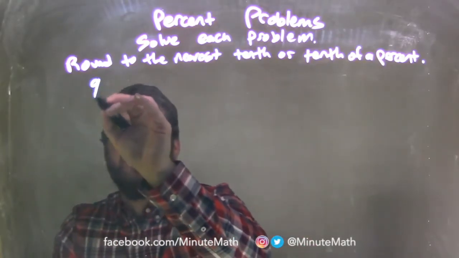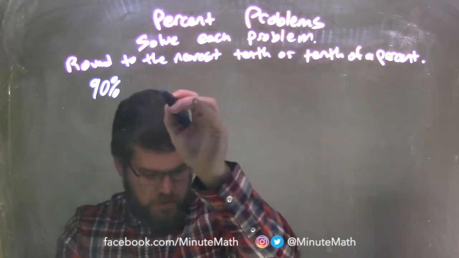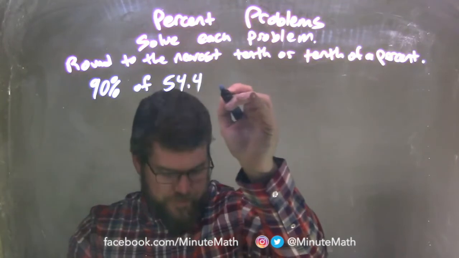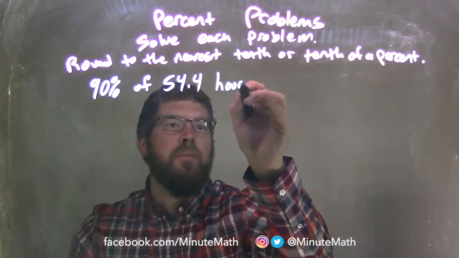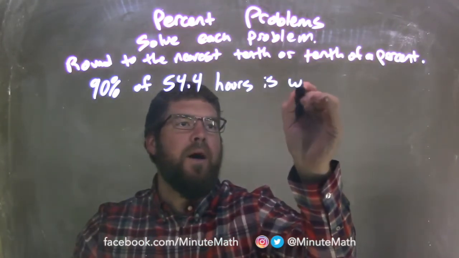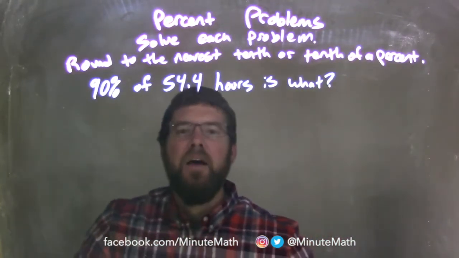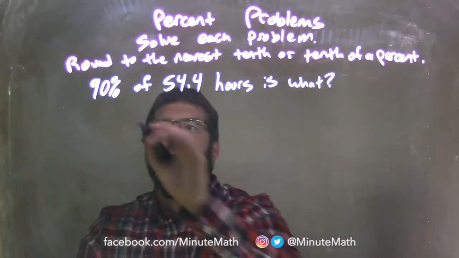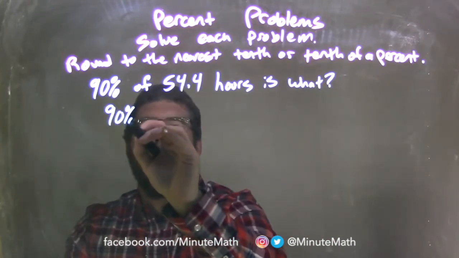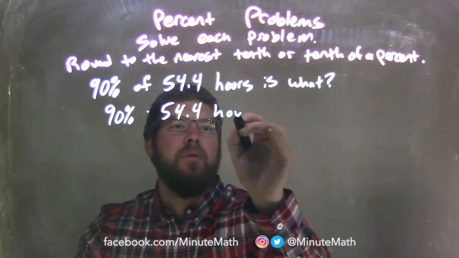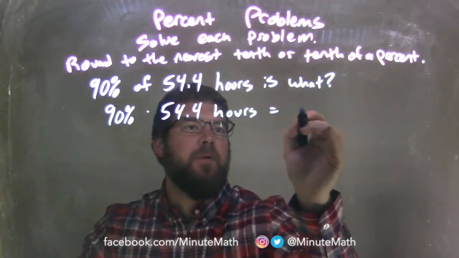90% of 54.4 hours is what? Okay, so I have to write that as an equation. So 90% of, multiplication, 54.4 hours is equal to what?